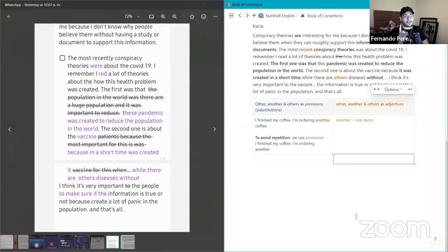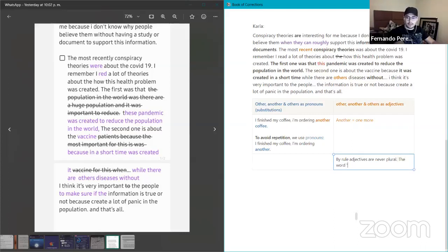By rule, adjectives are never plural. So the word others as a description doesn't exist.